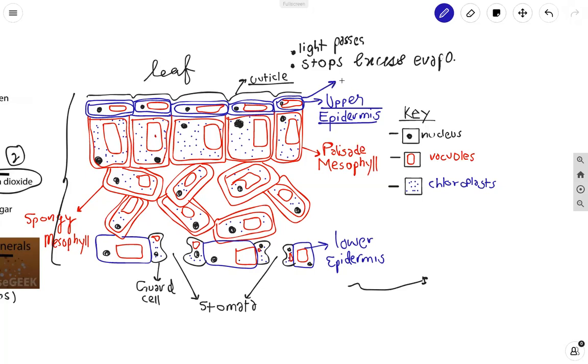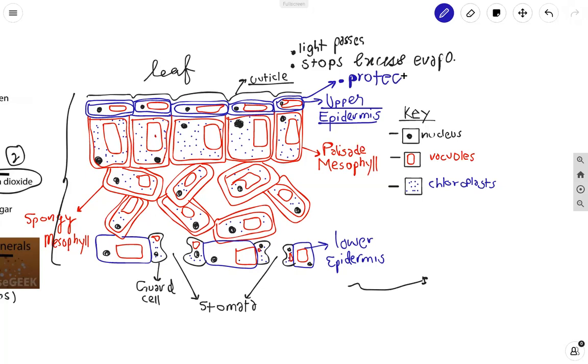It has two important functions. Because it's present above the actual photosynthesizing cells, which I have made in red, we can say that it protects the lower layers which photosynthesize. So it protects the cells which photosynthesize.